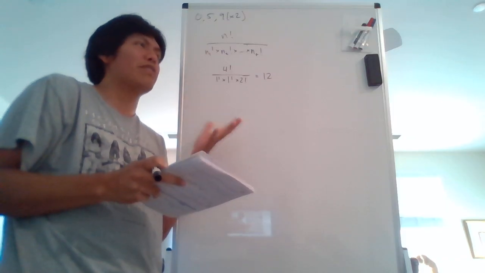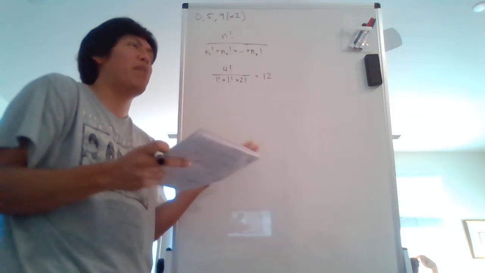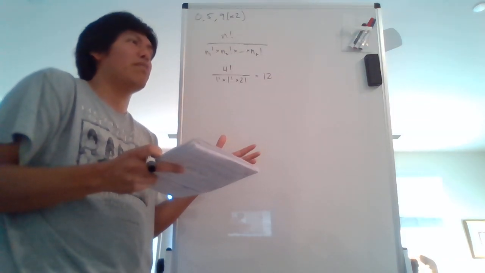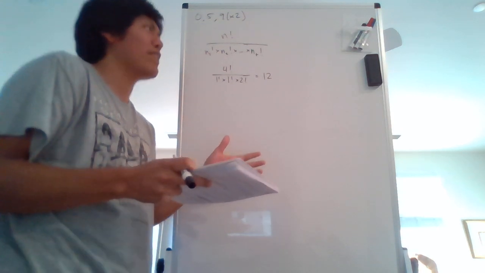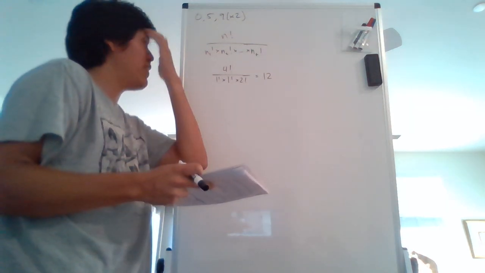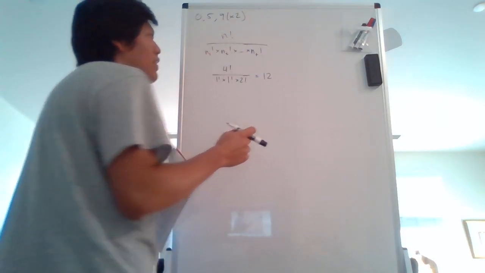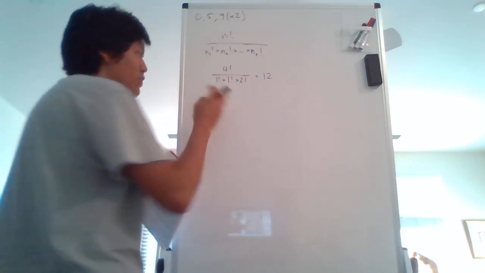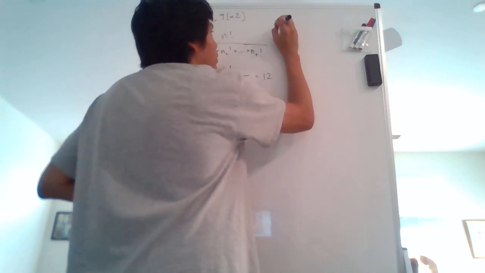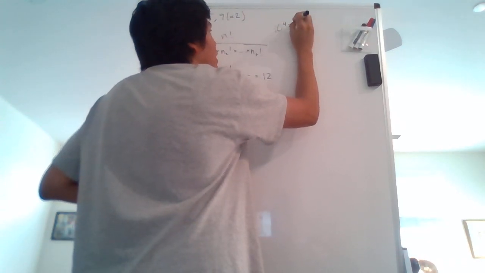I said we were going to find the total possible pairings, but let me backtrack and say that in order to find the total possible pairings, all we would do is 10 to the 4. And that's 10,000.